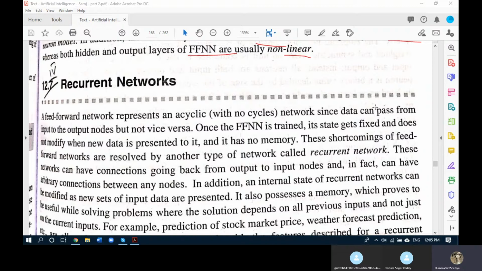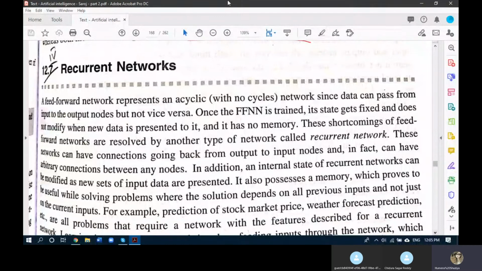Today's type of neural network is a recurrent network. Can anyone tell me what do you mean by feed forward neural network?